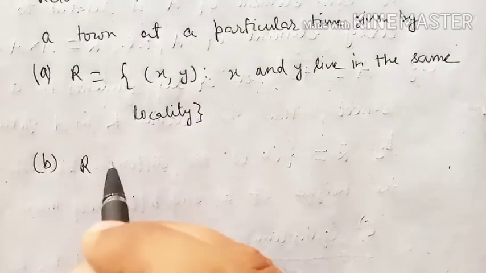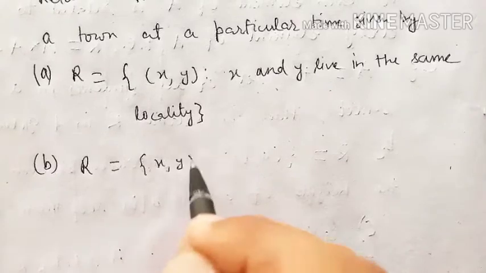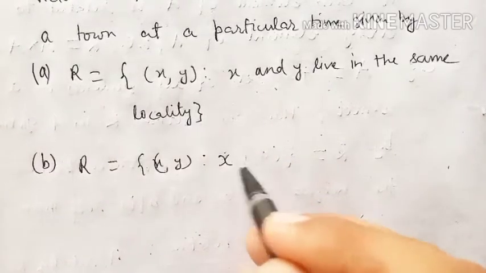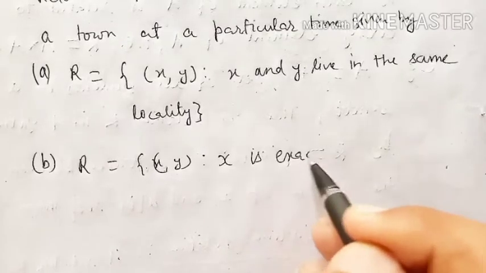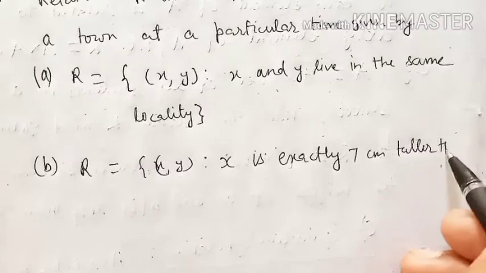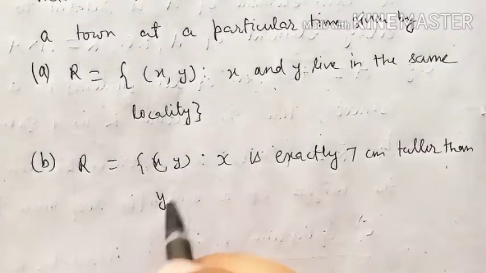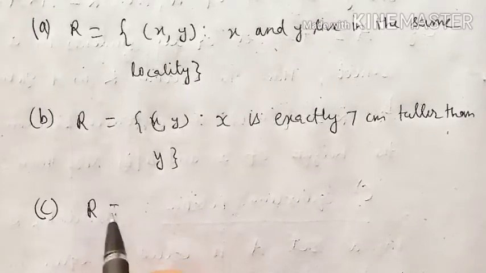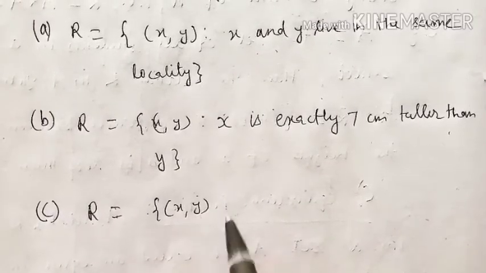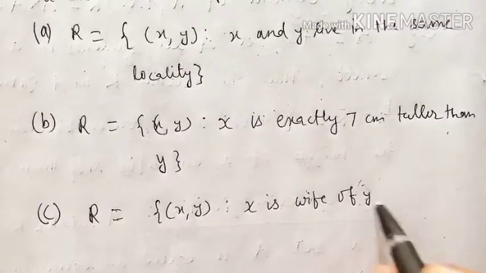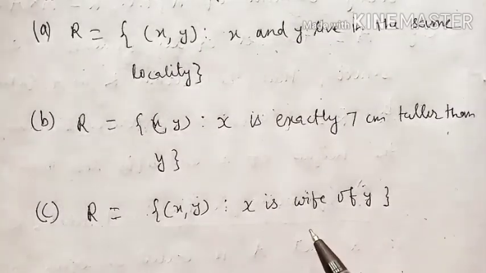B, R is the set of all (x, y) such that x is exactly 7 centimeters taller than y. C, R is the set of (x, y) such that x is wife of y.